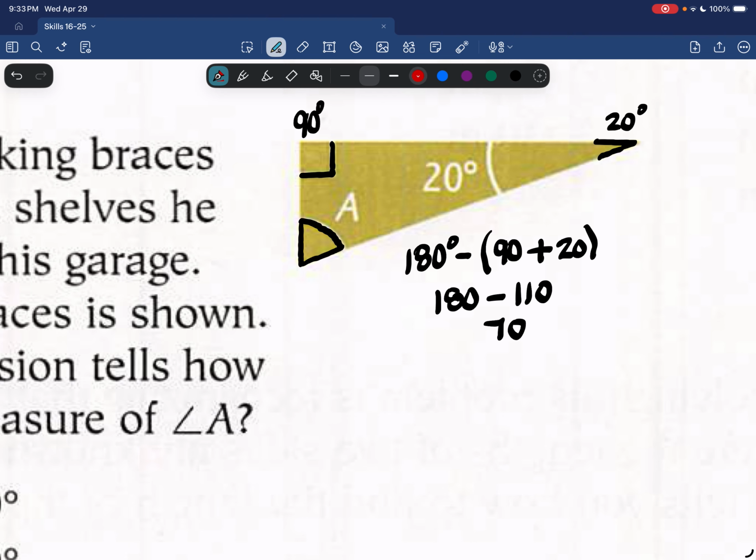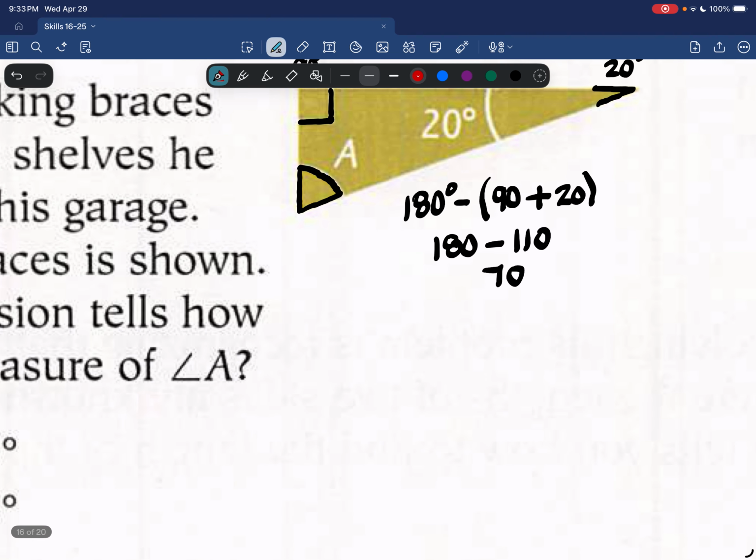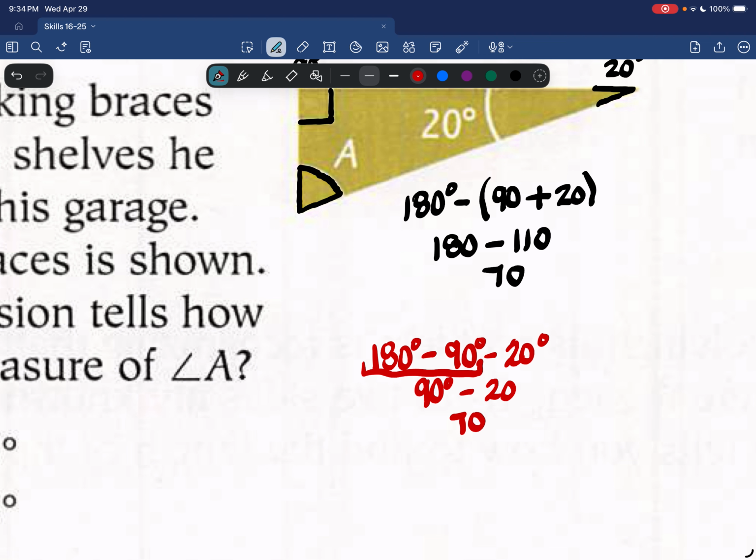You could also use that second approach that they showed where you would say 180 minus 90 minus 20, and you work left to right. So 180 minus 90 is 90. That's this part. And then minus 20 is 70. So either way, you're going to get 70 degrees.